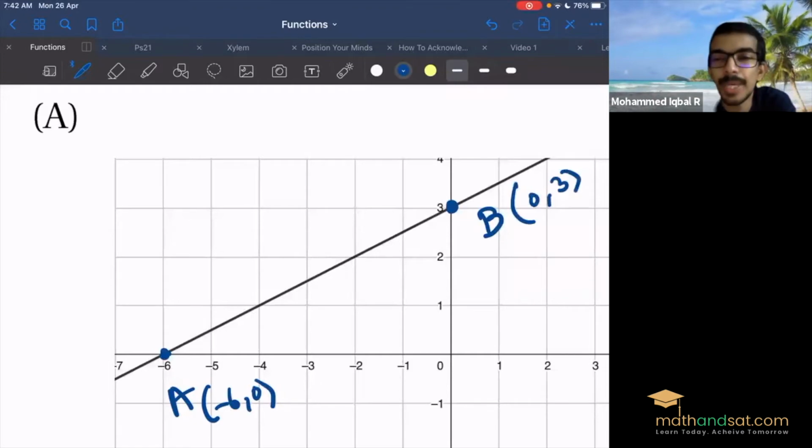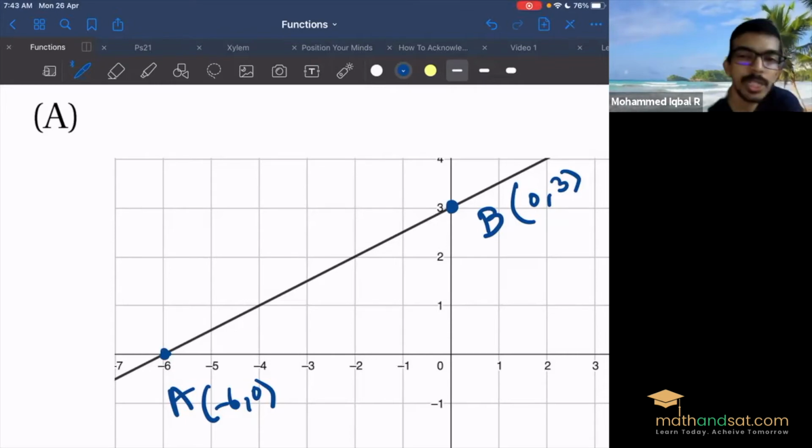What is the vertical change, or the rise? It's 3. Am I right? Yeah, it's 3.